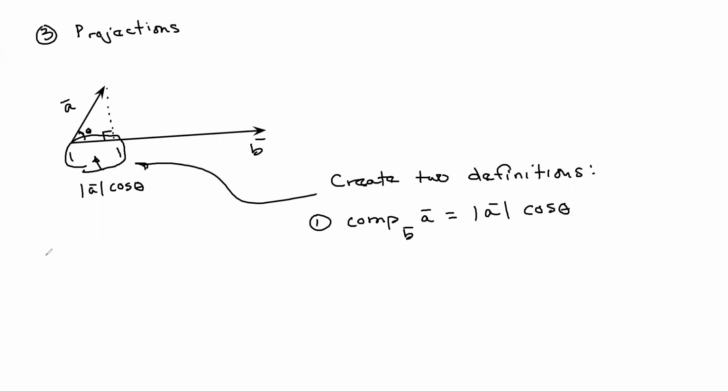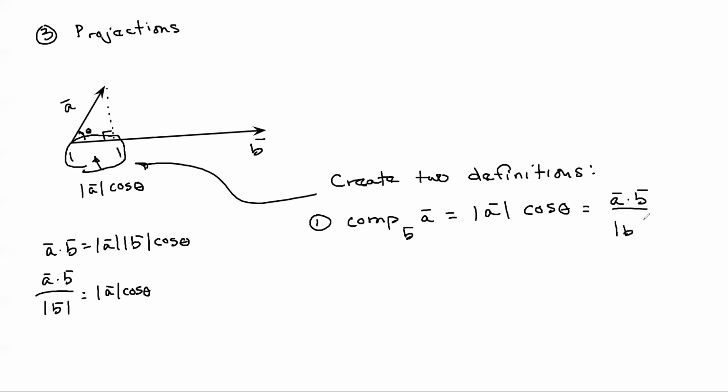If we recall that A dot B equals length A, length B, cosine theta, then if you divide the length of B over, we get A dot B over the length of B equals length of A cosine theta. And so this component equals A dot B over the length of B.